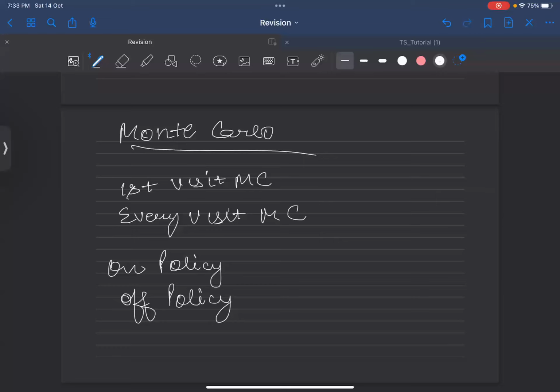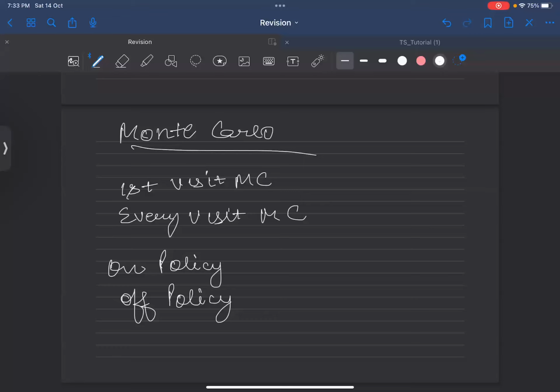But in off policy, samples are generated by a different policy, and we want to update the other policy. The different policy can be a random policy, and it is called the behavioral policy, and the policy we are updating is called the target policy.